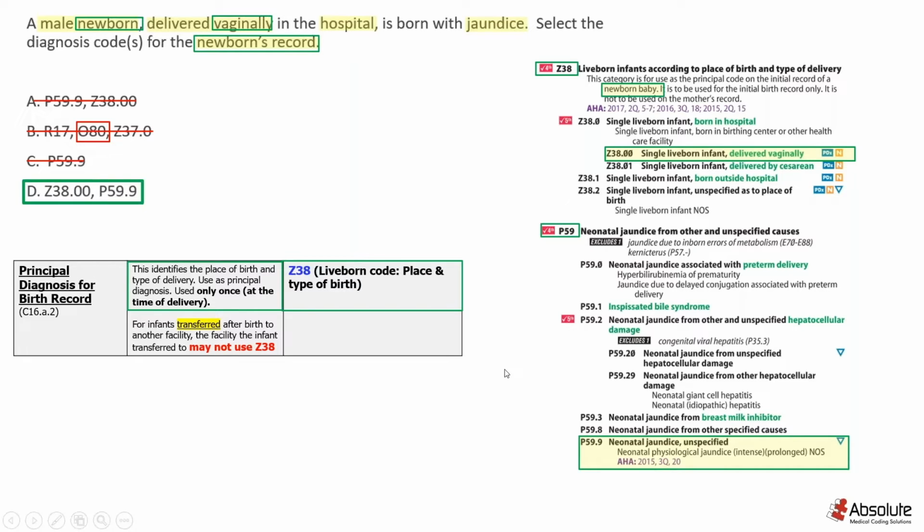So the correct answer is option D, and you all did a great job in this scenario.